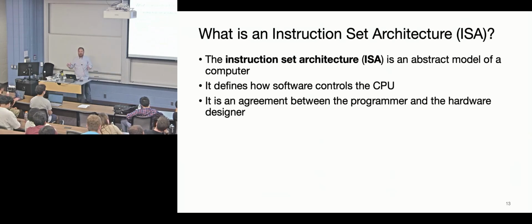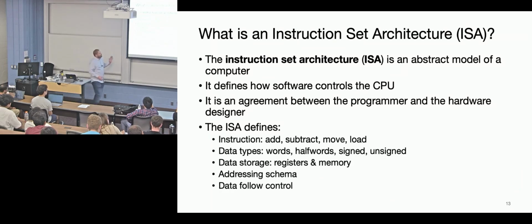But how it gets implemented is the hardware side, right? You can have different architectures implementing a set of instructions. That's up to the hardware manufacturer, but there's the agreement between the two. So the ISA defines instructions, data types, data storage, addressing schema, data flow control. So all the things that you would need to run a processor.